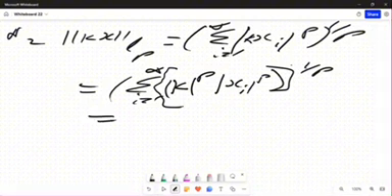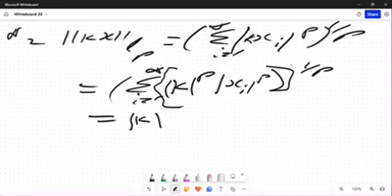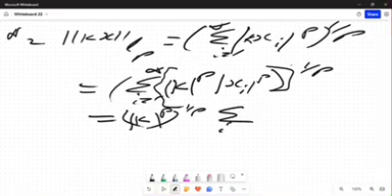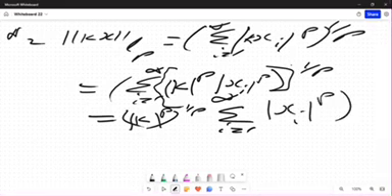So this k is a constant because it's not affected by the sum, so I can bring it out, but I won't forget the power 1 over p. So if I do so, I will have k to the power p, to the power 1 over p, and then the summation i running from 1 to infinity of xi to the power p, to the power 1 over p.